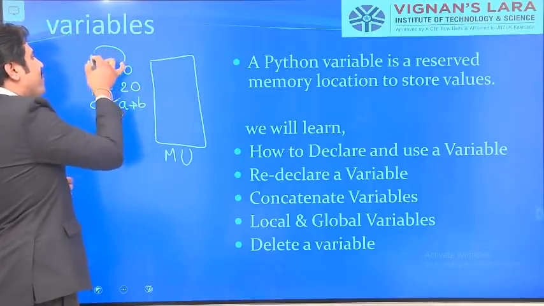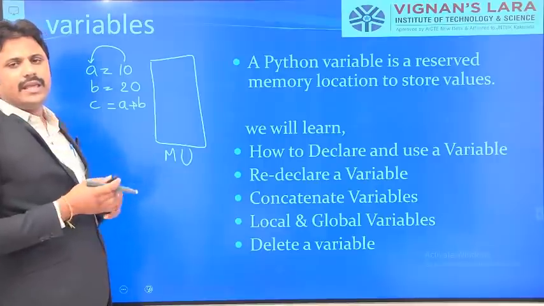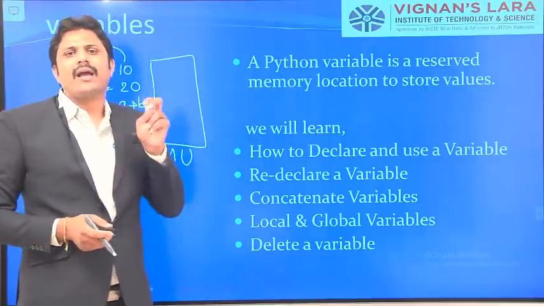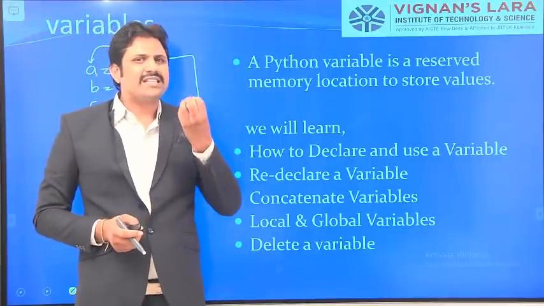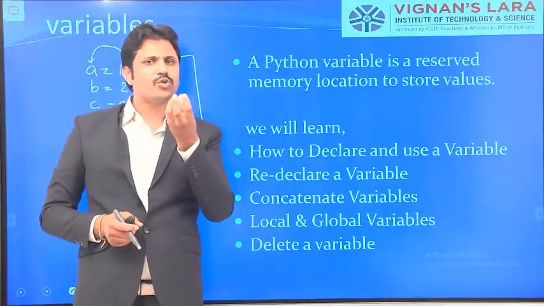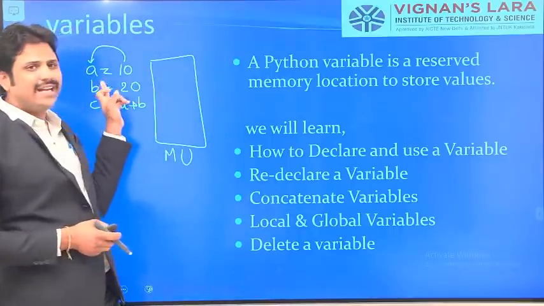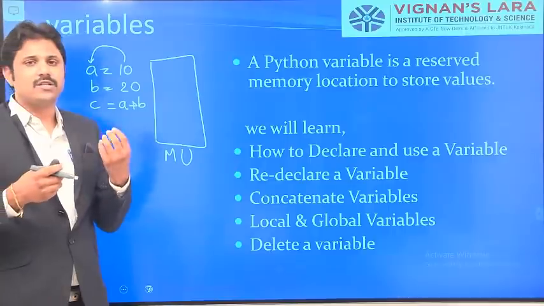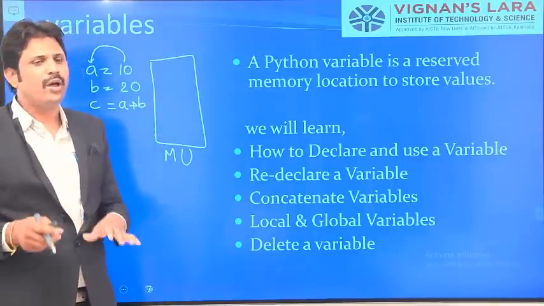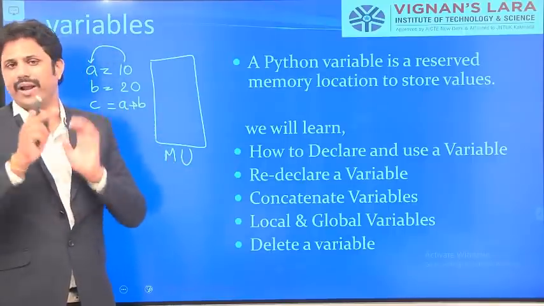A contains the value 10. A is a variable containing the value 10. That means some storage of a value is going to be done here. It stores some value, so a memory unit is required.